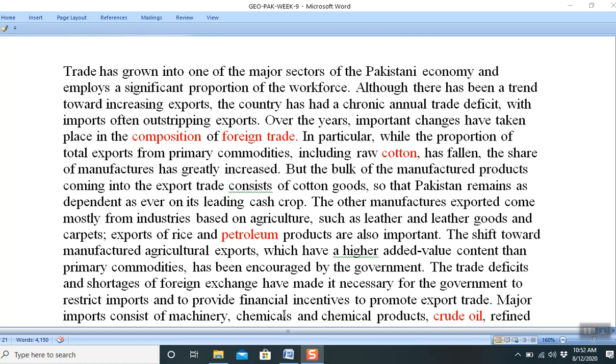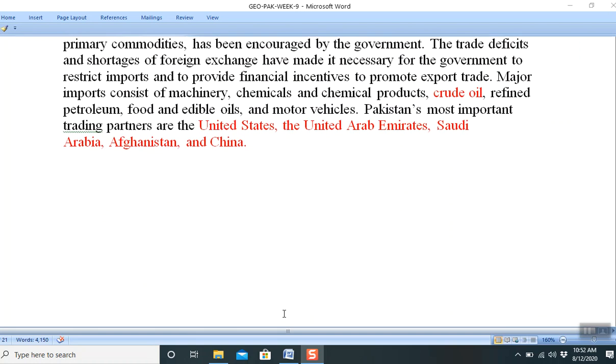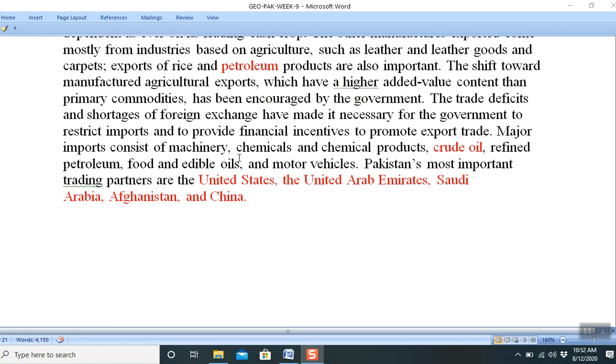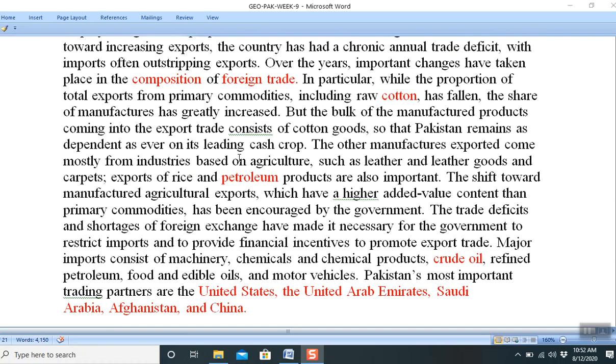And other bigger issues, as you have seen, look at the trade partners of Pakistan: United States, United Arab Emirates, Saudi Arabia, Afghanistan, and China. In the modern world, trade is used as a tool to control the internal politics of a country.